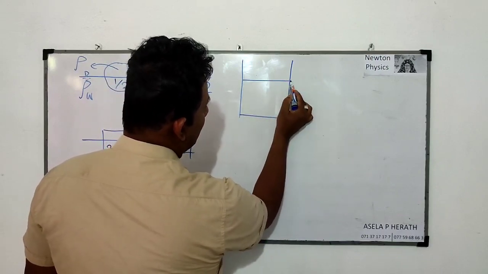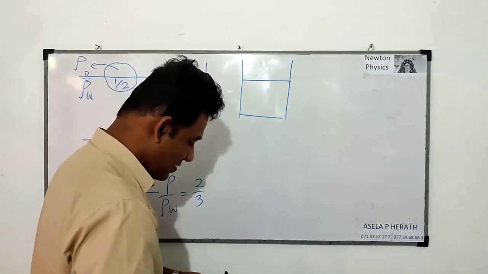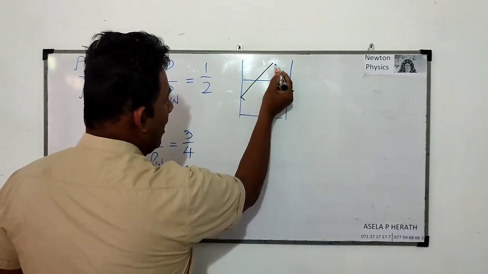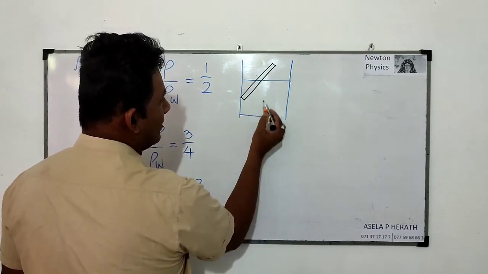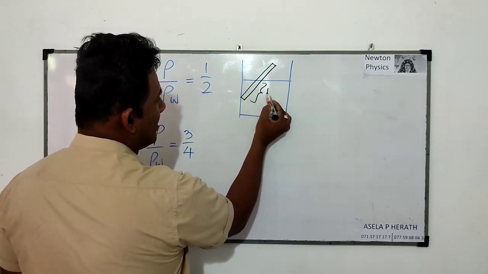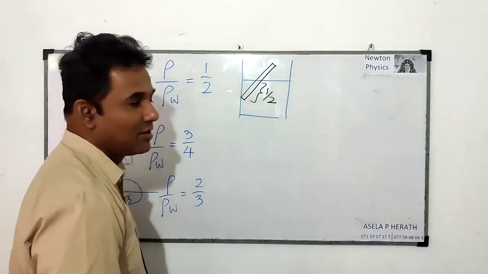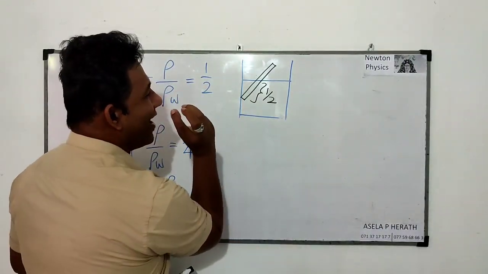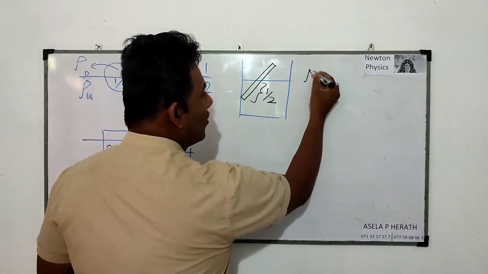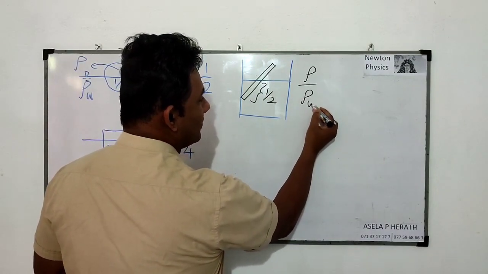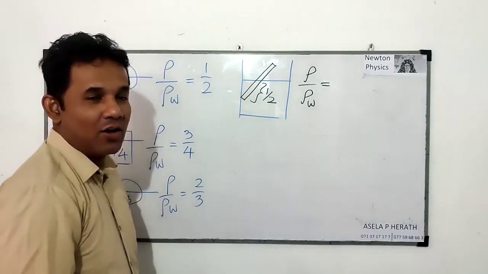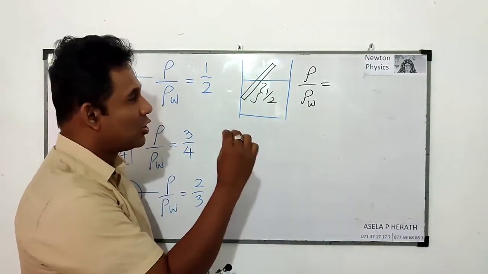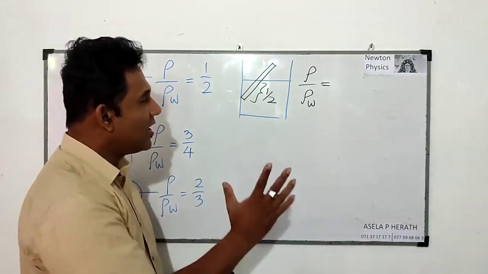Water has been partially filled, and half of this uniform rod, that means the fraction is half, is in water. Now I need to find rho divided by rho w. How can I find it? Using 2 seconds. I only need 2 seconds.